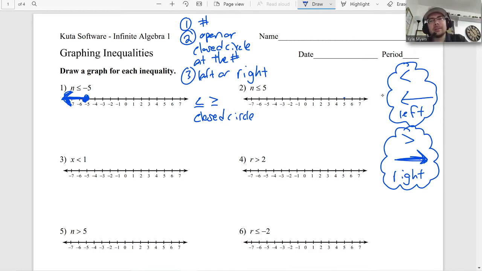So this one reads less than or equal to, and this one reads greater than or equal to. Less than or equal to, greater than or equal to: closed circle. If we have a less than or a greater than, that's an open circle.